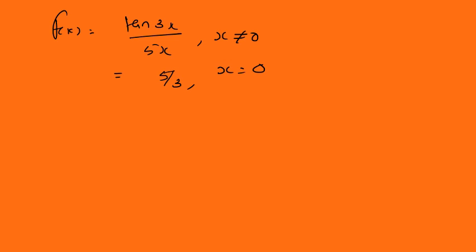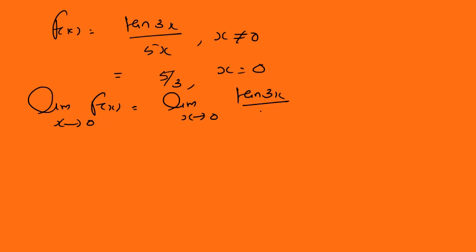Now what should we do? We have to find limit x tends to 0 f of x. What is limit x tends to 0 f of x? Limit x tends to 0 tan 3x by 5x.